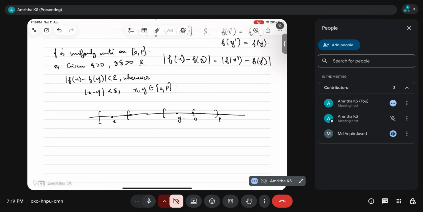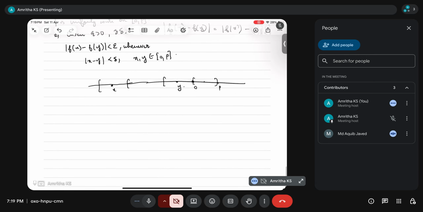If you take x dash to be 0 and y dash some delta by 2, then x can be something like p and y to be delta by 2.